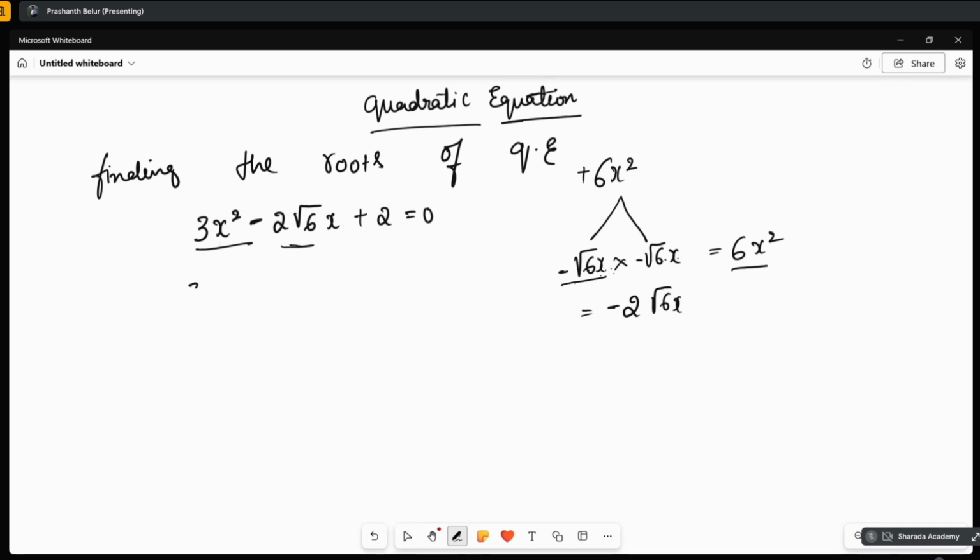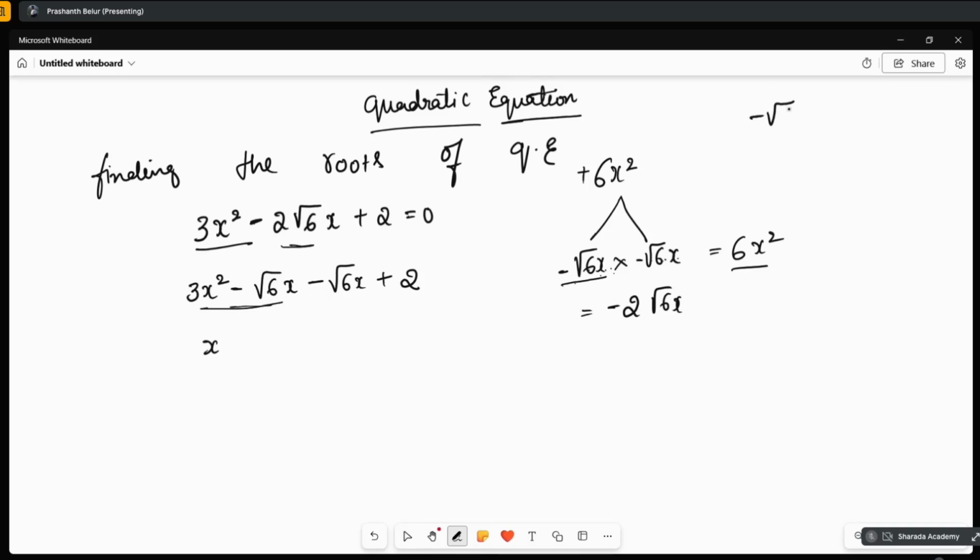So here it is 3x square minus root 6x minus root 6x plus 2. Here x I can take common. Both should be minus, but we need minus 2.